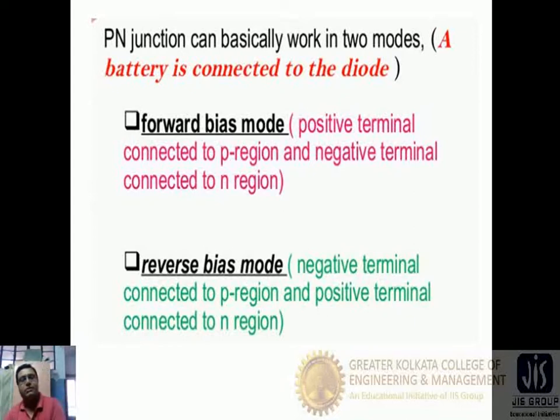Another is called reverse biasing. In reverse biasing, the negative terminal is connected to the P region and the positive terminal is connected to the N region of the diode. So let us discuss these two biasings one by one.